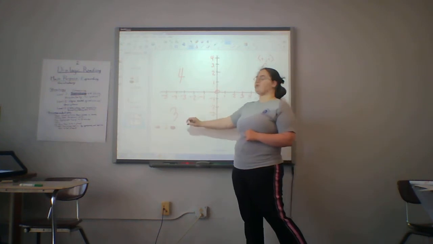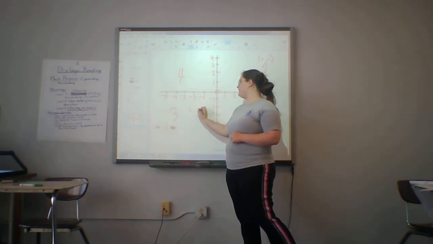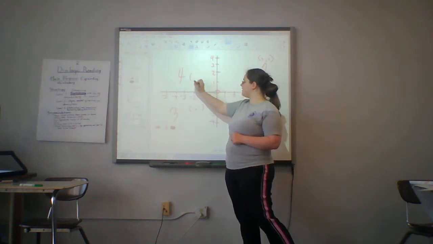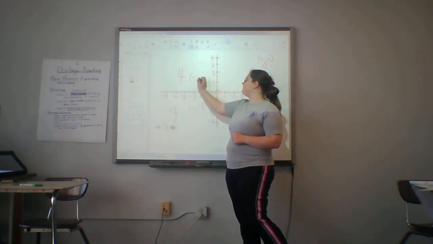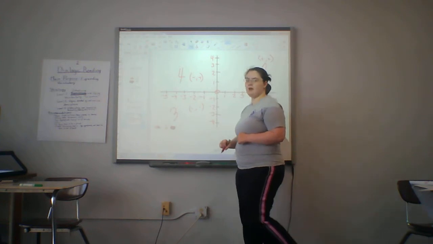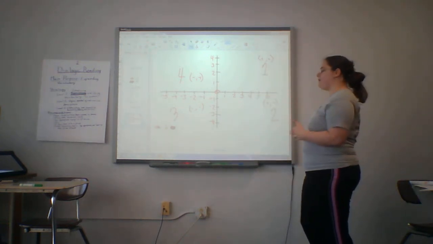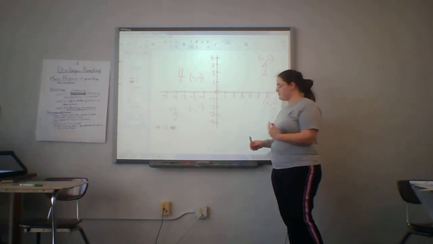In quadrant 3, we have negative, and in quadrant 4, we have positive. Okay? Now I know that's a lot of information, but we went over it yesterday, so we're going to go ahead and move on.